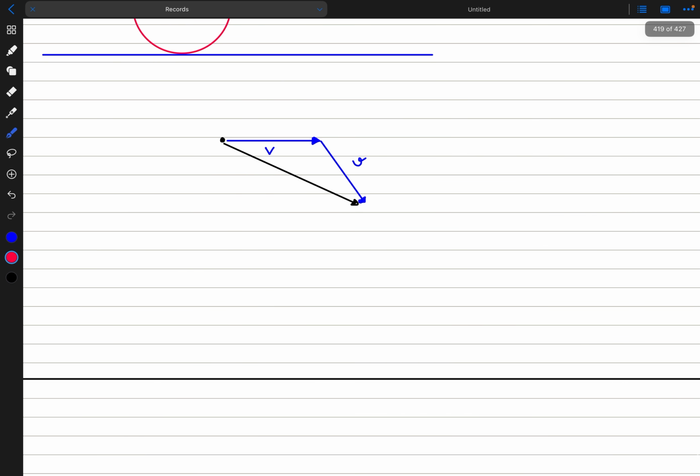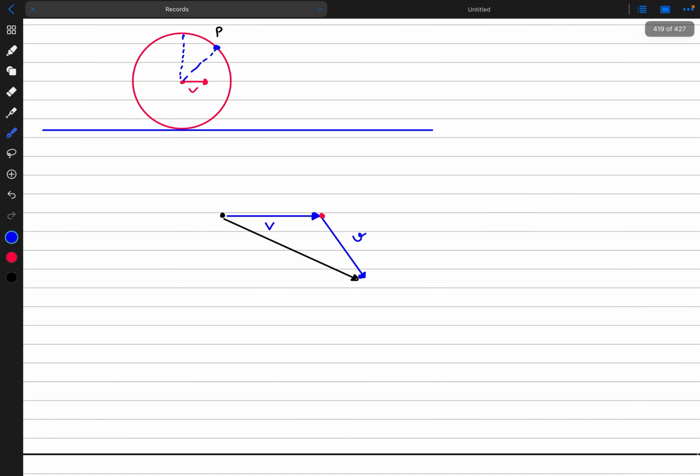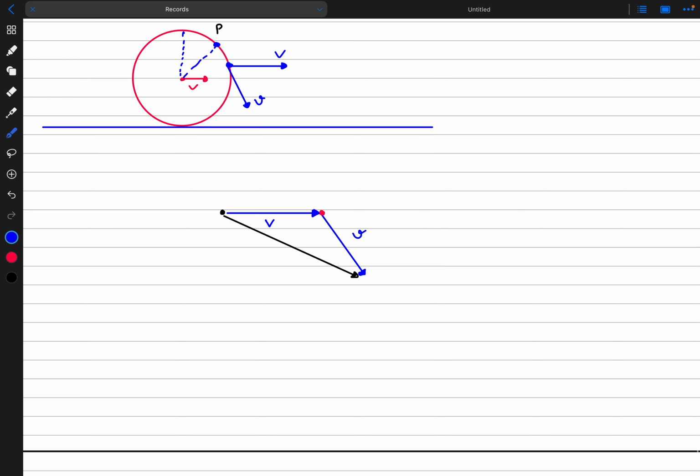Now here you can use a trick to see how the velocity vector changes with time. After some time, the particle will reach here, right? And here what is going to be the difference? The horizontal v vector is still the same, but the r omega vector, or the other v vector, would have rotated by a bit.